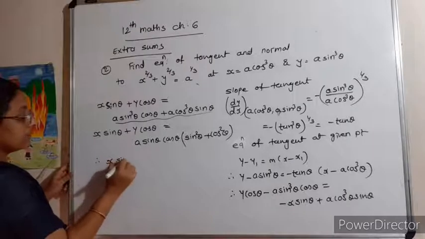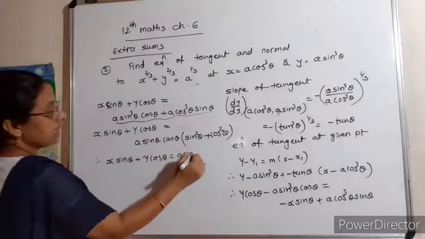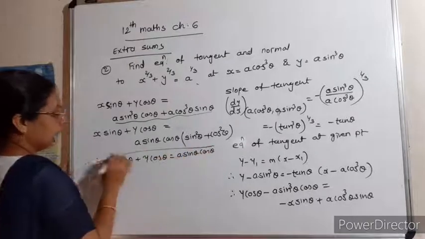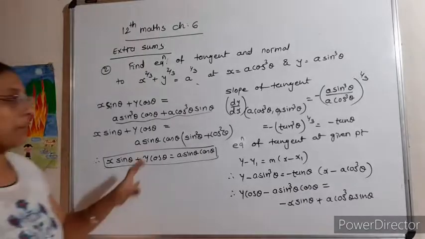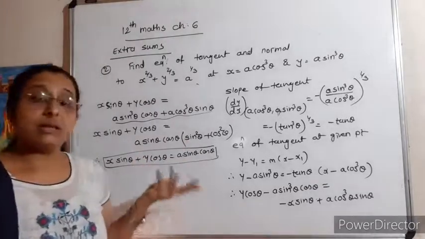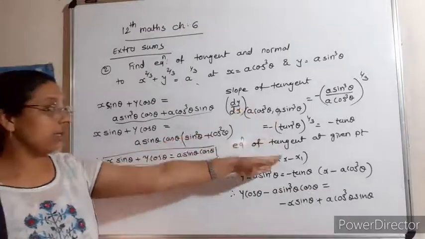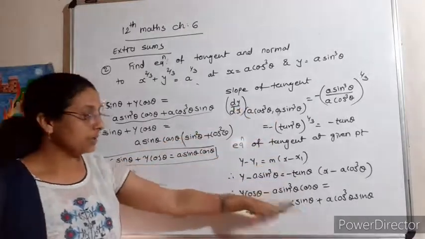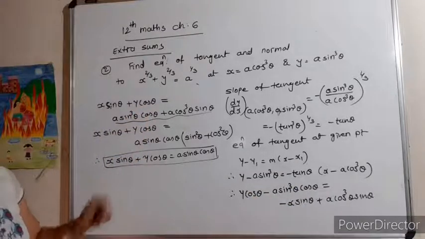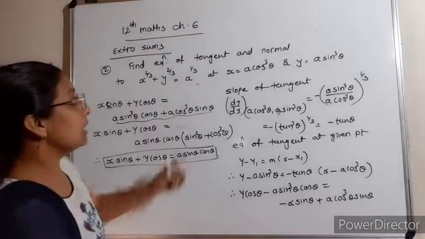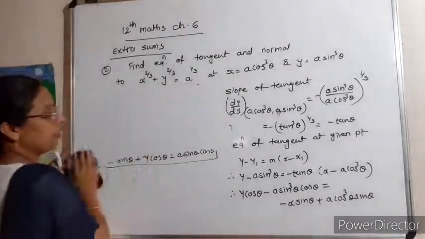Therefore x sin theta plus y cos theta equals a sin theta cos theta. That is the equation of tangent, right? Just a simplification is necessary, otherwise nothing to do. The tan theta slope came, then we put sin upon cos and simplified here. So that is the equation of tangent. Also you have to find the equation of normal. So we will write this equation of normal is.